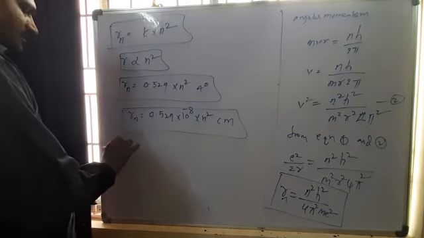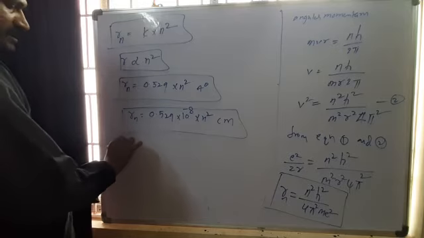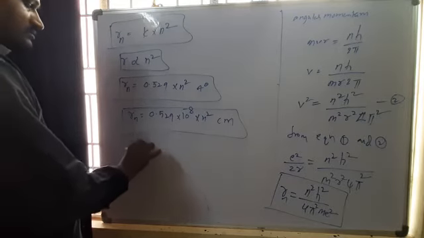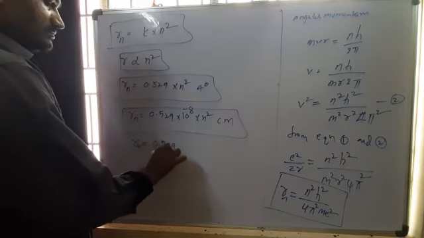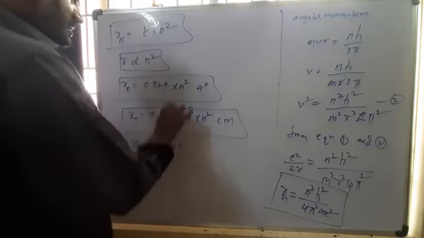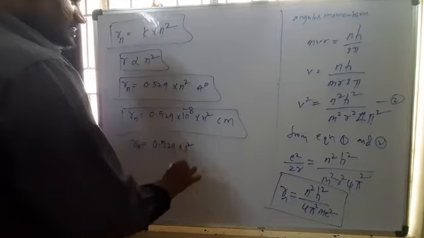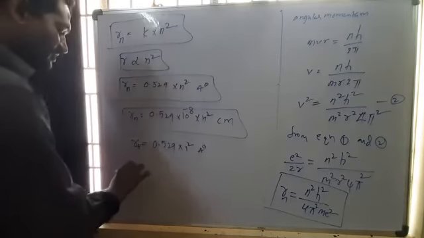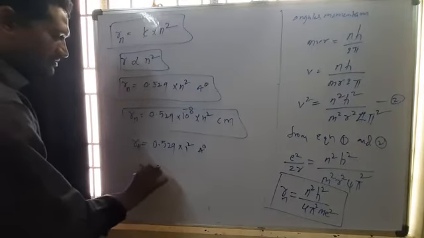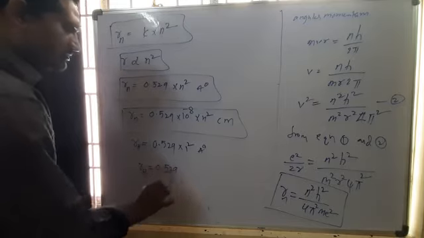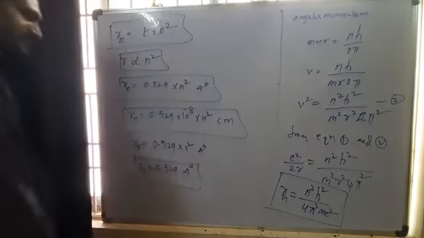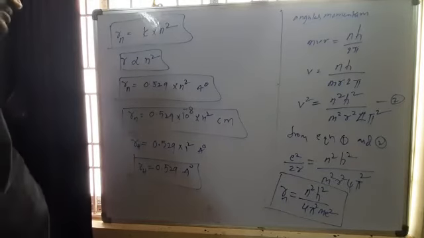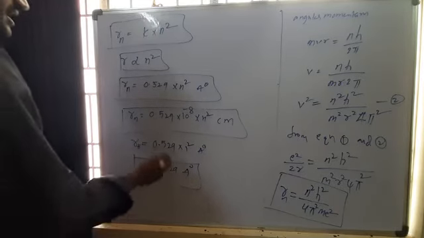So for hydrogen, it has only one shell, so the radius of hydrogen equals 0.529 into n square, where n square means 1 square, angstroms. That is why the radius of hydrogen equals 0.529 angstroms.